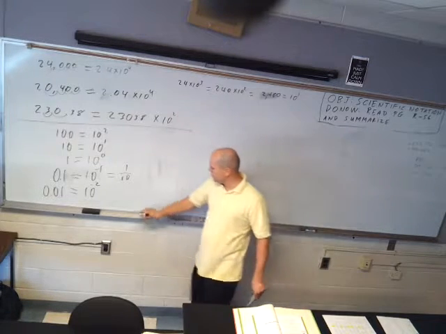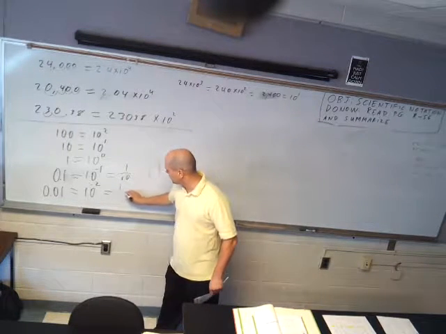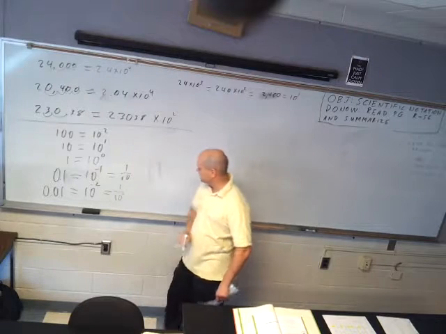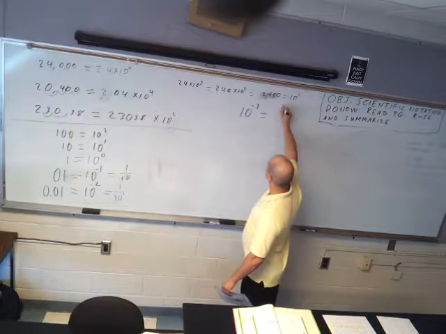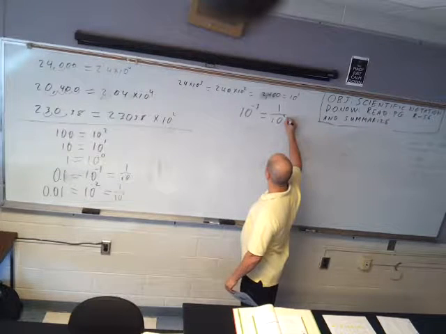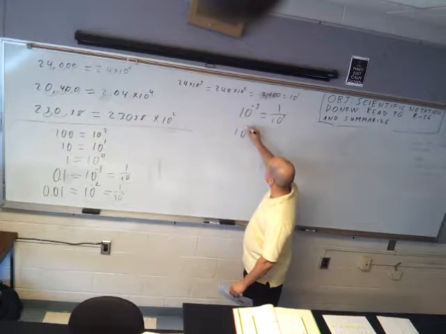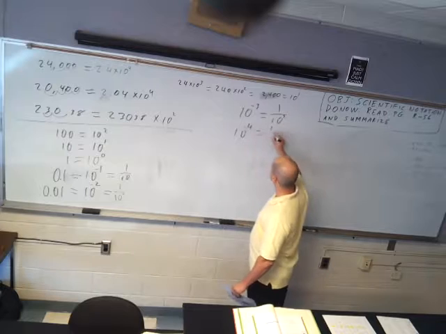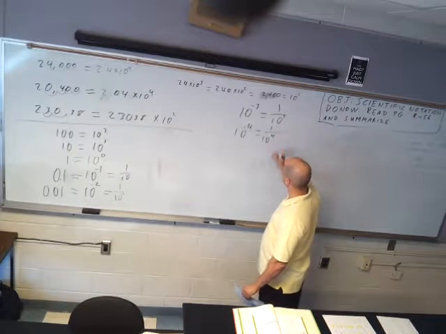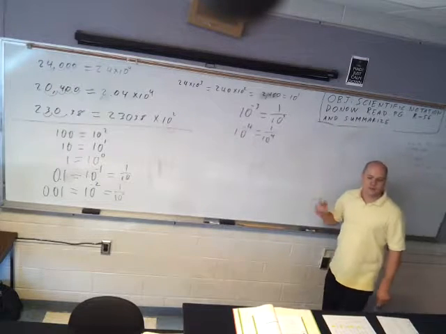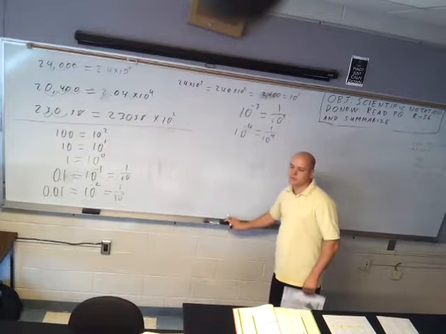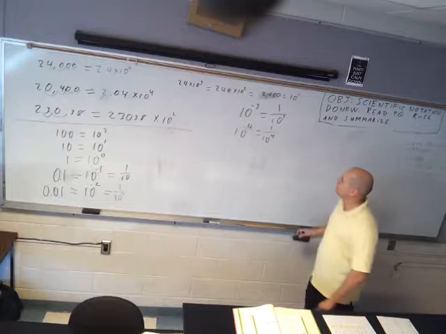And we also know that this number is the same as 1 over 10 squared. And 10 to the minus 3, in fact, is 1 over 10 to the 3, and 10 to the minus 4 is 1 over 10 to the 4th. So anytime you have a negative, you can just throw it on the bottom and make it positive. It's the same thing. Negative just means you're dividing by 10 to the power of whatever that thing is.